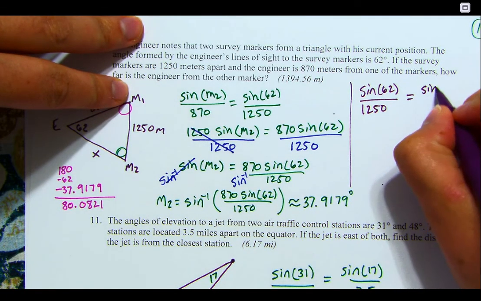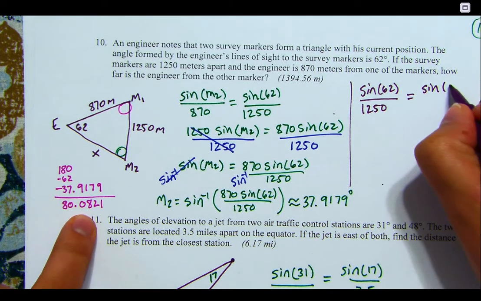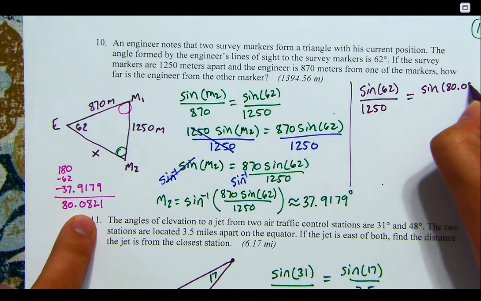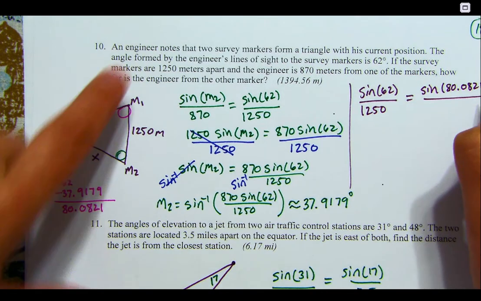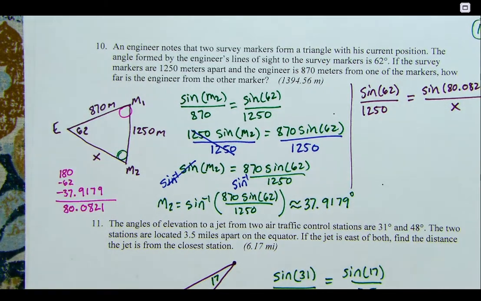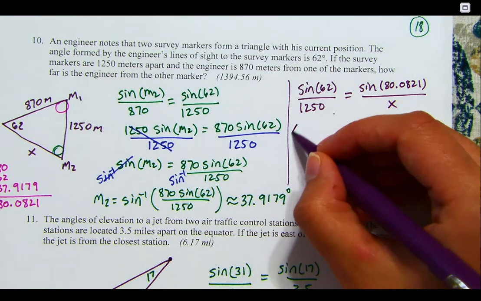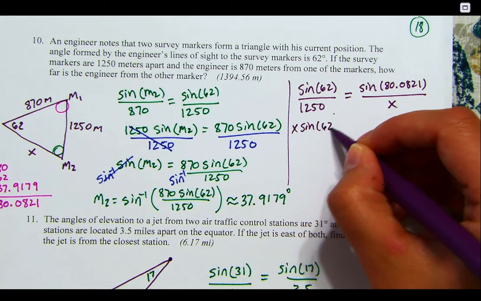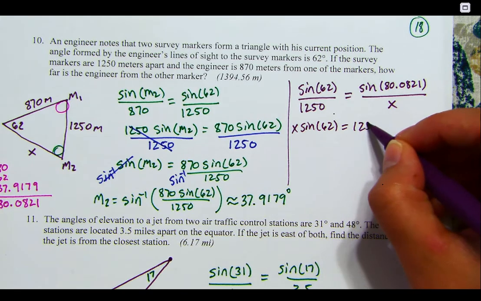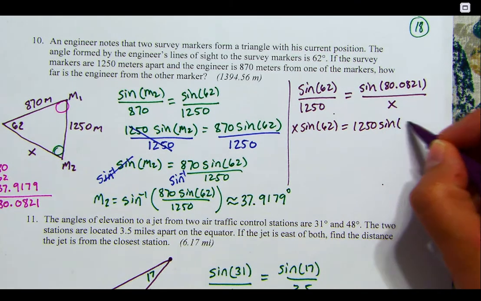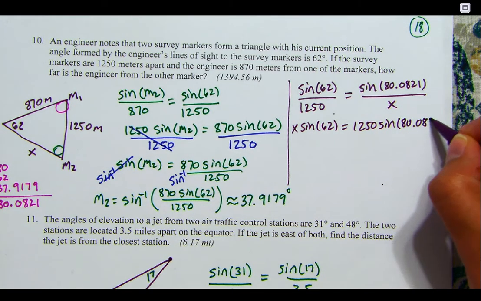So sine, and that's going to be this one down here. So 80.0821 over the side that we are trying to find. Okay. So cross multiplying, x sine 62 equals 1,250 sine of 80.0821.